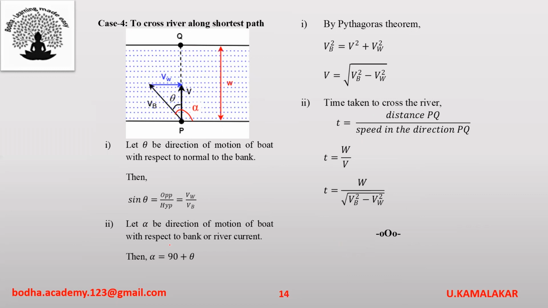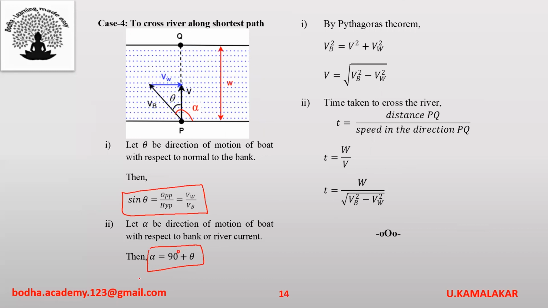Last case, to cross the river along shortest path. Let theta be direction of motion of boat with respect to normal to the bank. Then sine theta equals opposite side by hypotenuse, that's equal to vw by vb. Let alpha be direction of motion of boat with respect to bank.